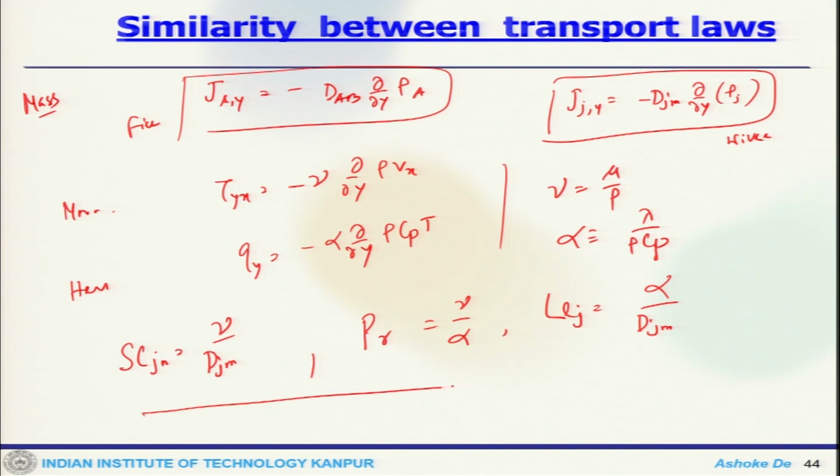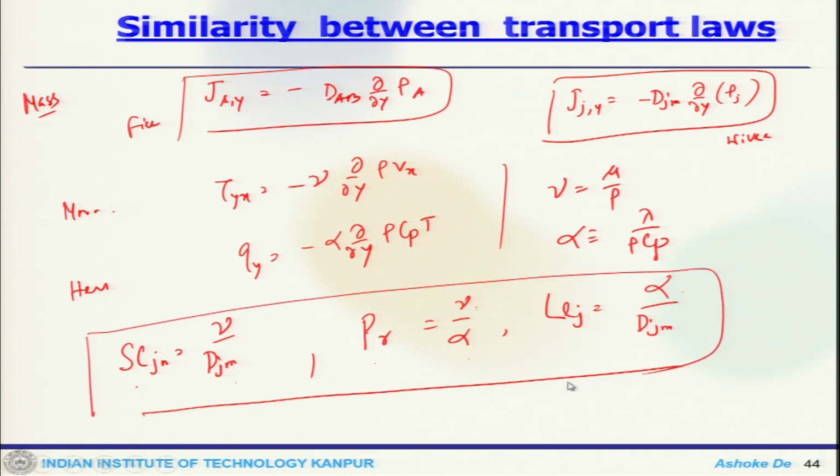These are the non-dimensional parameters which show the similarity, or rather the connectivity, between different laws. The Schmidt number connects mass diffusion to momentum, the Prandtl number connects momentum to thermal, and the Lewis number connects mass to thermal. These are the non-dimensional parameters one needs to know. So, we will stop here today and continue this discussion in the subsequent lecture.